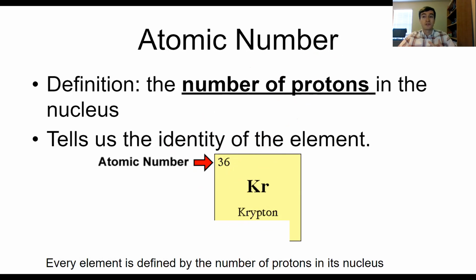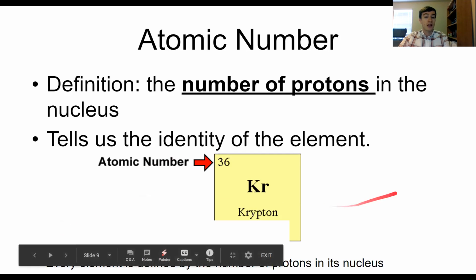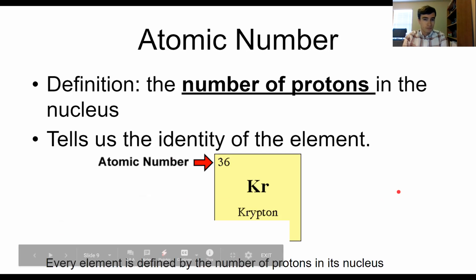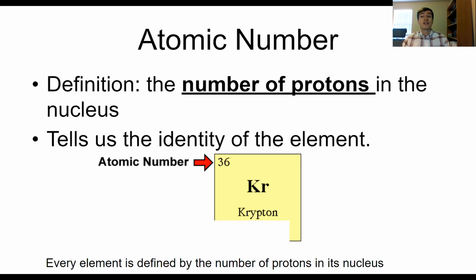Essentially, when scientists were first putting together the periodic table, they were like, how do we order these atoms? What kind of order should we do? And to make it simple, they just decided proton number, that's going to be your atomic number. So every single element has a different number of protons. And that's the main way that scientists tell them apart from one element to another, is how many protons are in that nucleus.